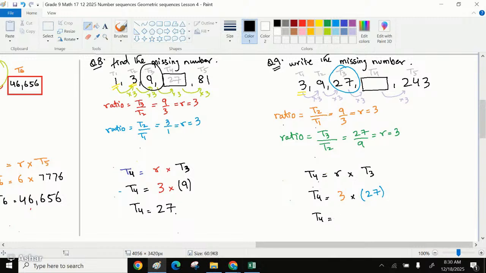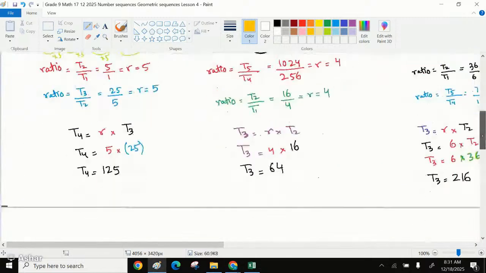Can anyone help me out? What is 3 multiplied by 27? That is 81. That means your answer over here should be 81. Okay, that is 81.